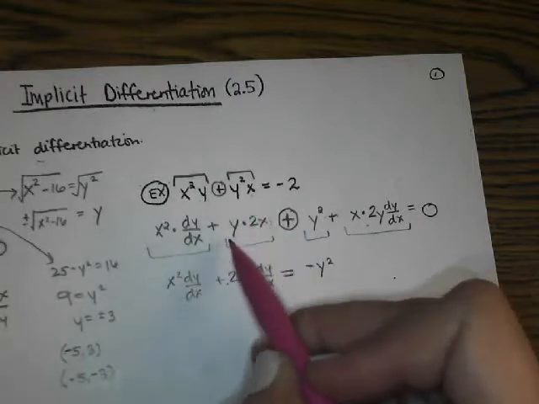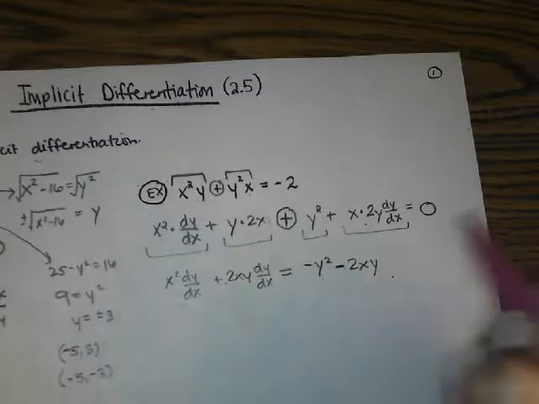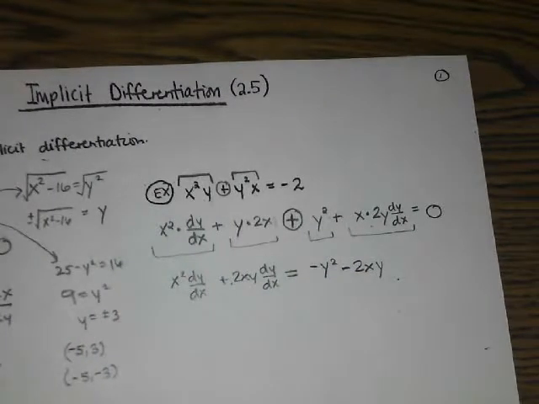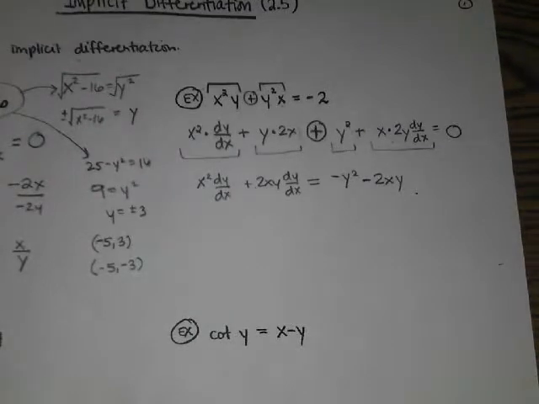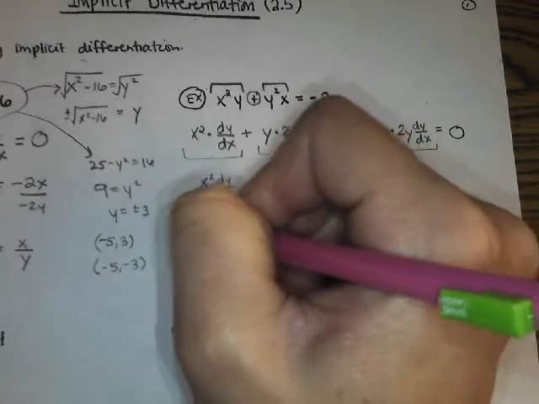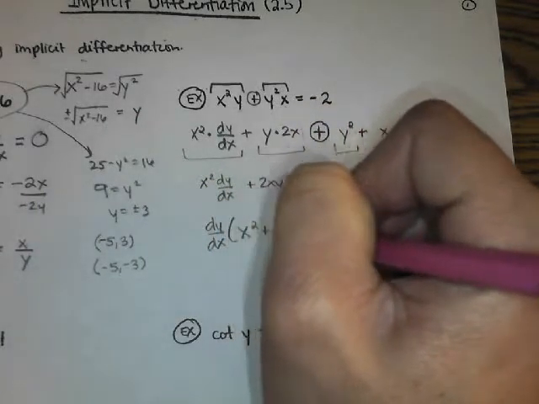Now, what's our game plan here? If I'm trying to solve for dy/dx and I've got two of them, good, just factor it out. Take out that dy/dx, and that leaves you with x squared plus 2xy. And then just divide that binomial over.